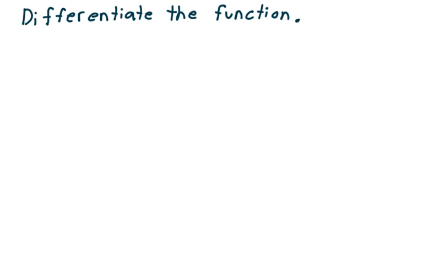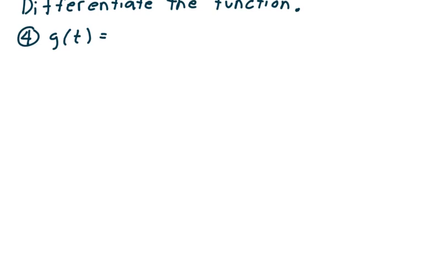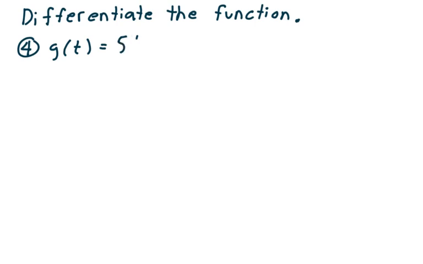And what I want to do now is I want to take a look at number 4. Don't get thrown off by the t. It's just a variable, okay? And I'm going to show you how this works. So g of t is equal to 5t plus 4t squared.